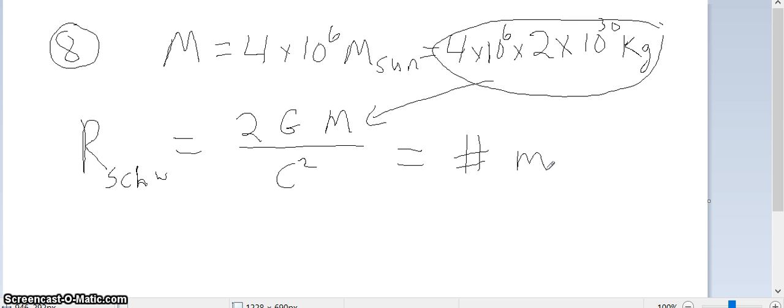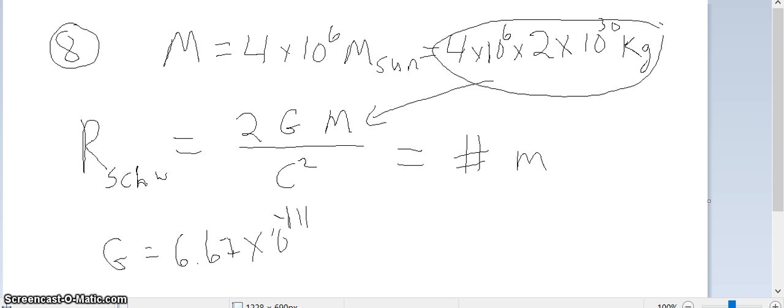Just to remind you, I'll write these. I mean, you guys know this, I'm sure. Big G is 6.67 times 10 to the minus 11th. Oh man, I gotta erase that, sorry.